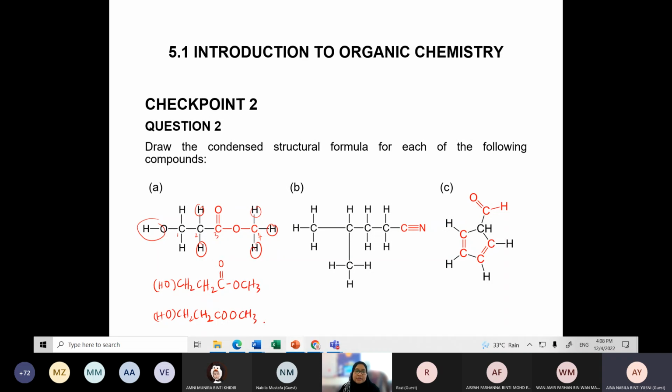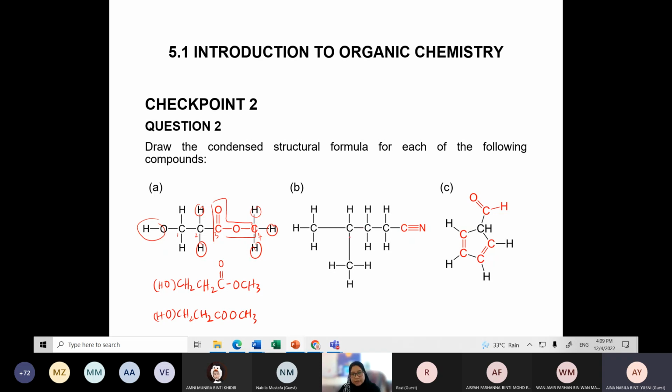So the homologous series is ester, and the functional group is carboalkoxy.